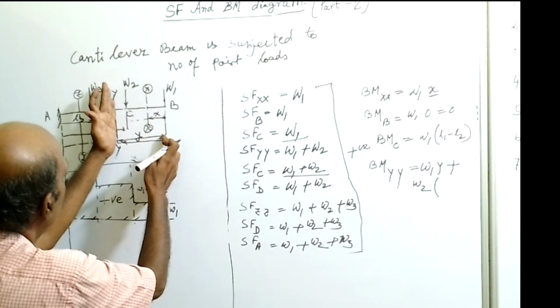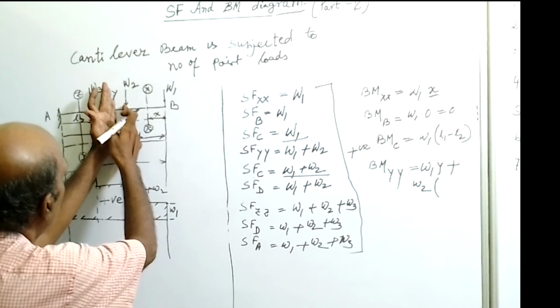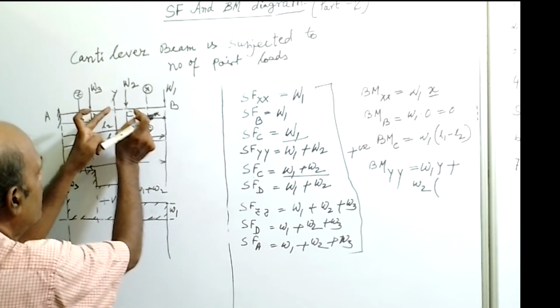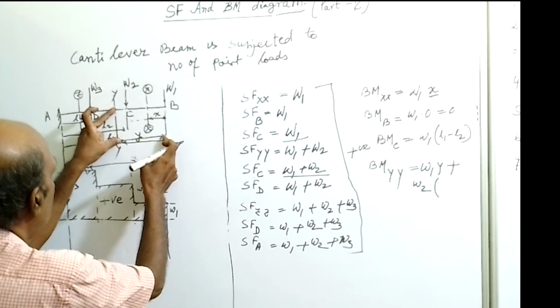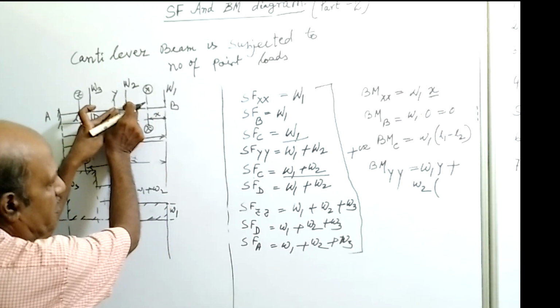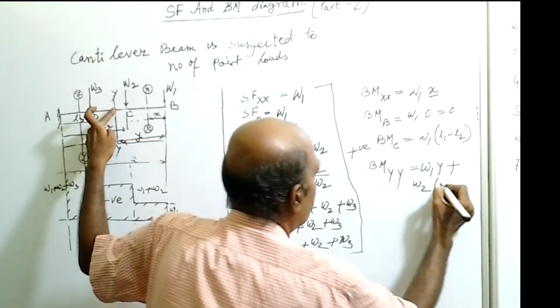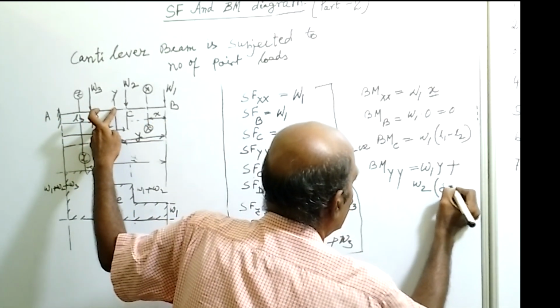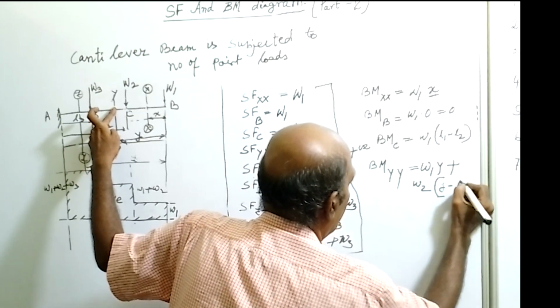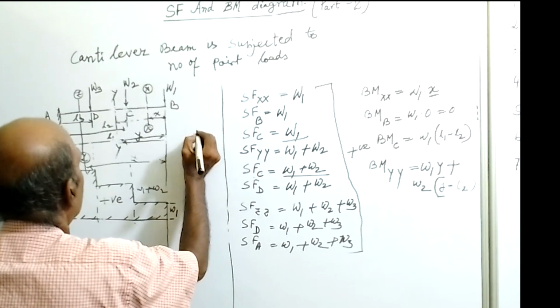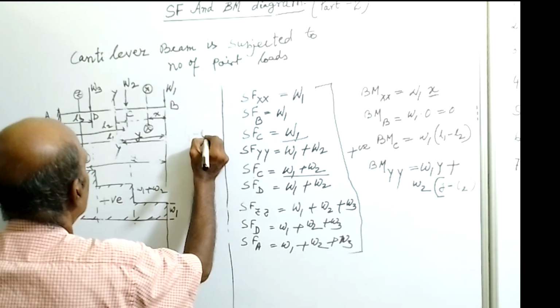So W1 into y, no problem. W2 will give the moment about this section, so we have to give this distance. This is the y value, y minus this distance, and this distance is L1 minus L2.